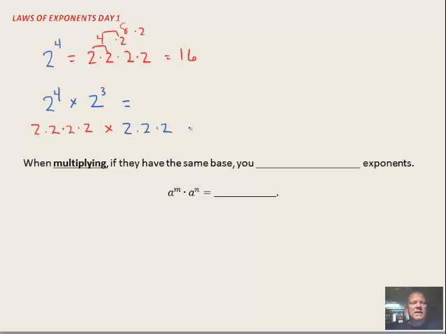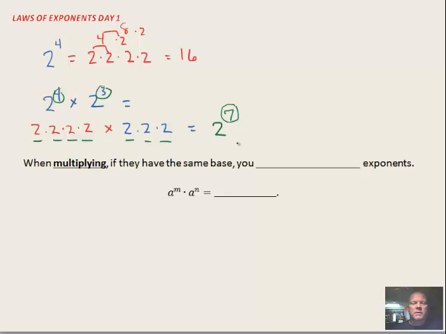Well, if I condense that back down together, 2 is my base, and I have 1, 2, 3, 4, 5, 6, 7 of these multiplied, so I multiply it by 7. So then I want to ask myself, how do I get this 7 from the 4 and the 3? And the way I get that 7 is just to add them.